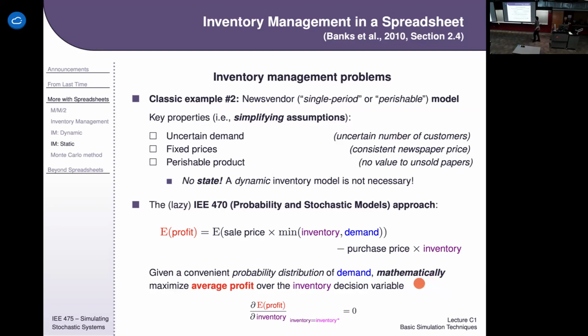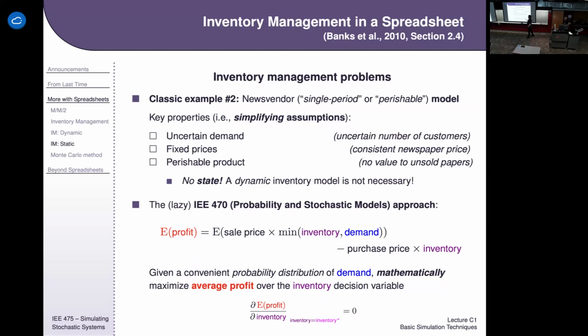So given a convenient probability distribution of demand, like a normal distribution, you can mathematically average. Basically, this will become a formula with a variable inventory, and you just do a little calculus on it. You take the partial derivative of your expected profit formula with respect to inventory, set it equal to 0, and solve for the inventory star that optimizes that.